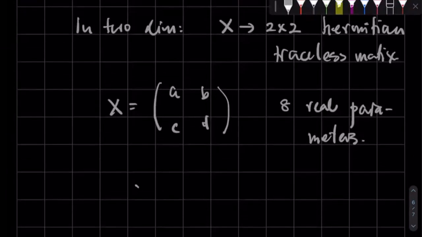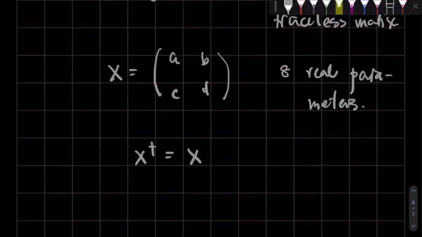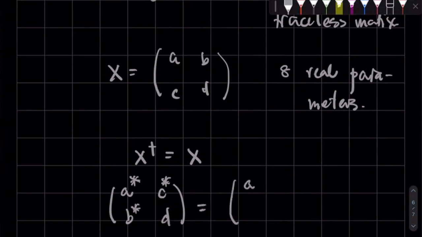But we say that it's Hermitian, so X dagger has to be equal to X. So that means that we have (A star, C star; B star, D star) equal to (A, B; C, D).